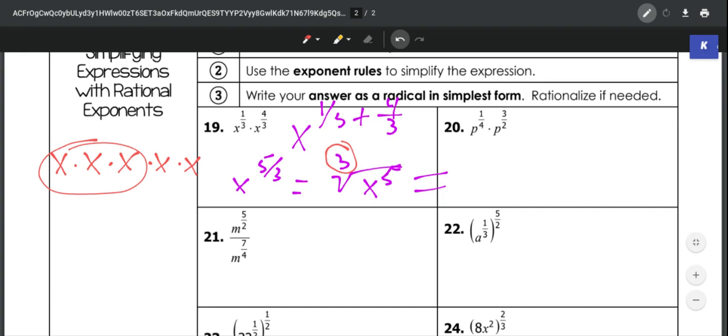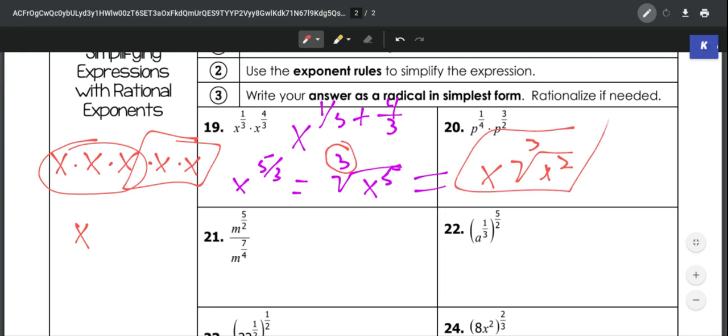There's one group of 3 here. That's going to give me x. And then the rest of this would just stay inside of the radical. So I pulled out x, but then what's left in the radical is x squared. So your final answer would be x times the cube root of x squared.